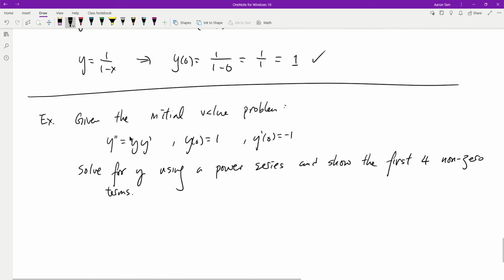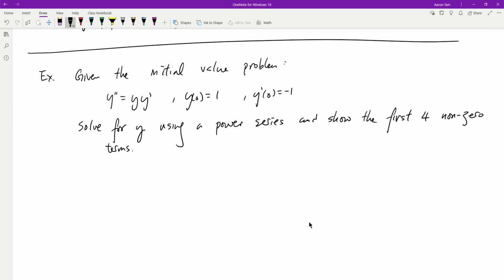So how does this one work? We already have two things to start with, y of 0 and y prime of 0. So it's just a matter of finding y double prime and so on. Now notice that the problem did ask for the first 4 non-zero terms. So that means typically it would go up to the third derivative. So we do need to do a little bit of work. So let's see. We know that y of 0 is 1 already.